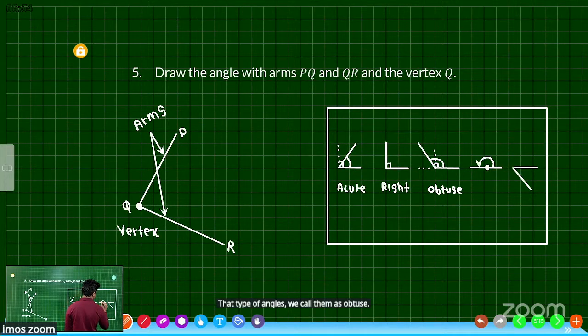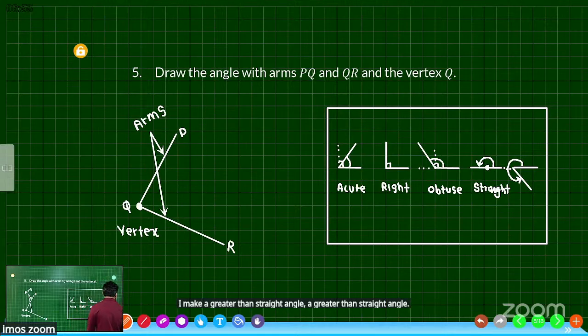Two right angles make a straight angle. Then greater than a straight angle is a reflex angle.